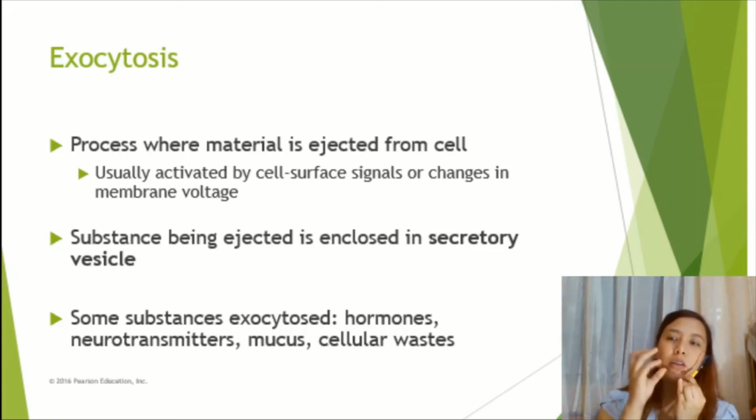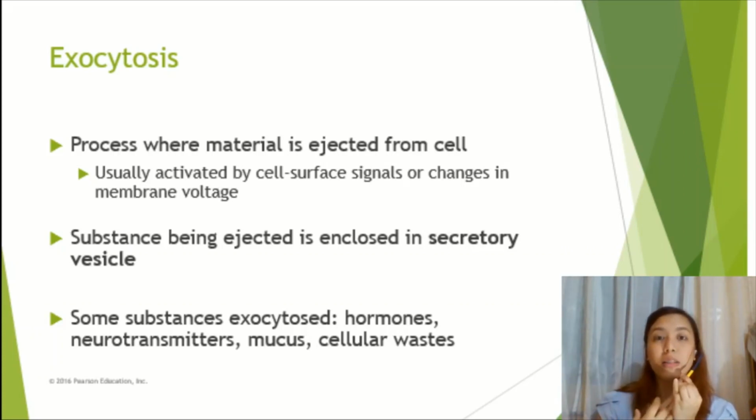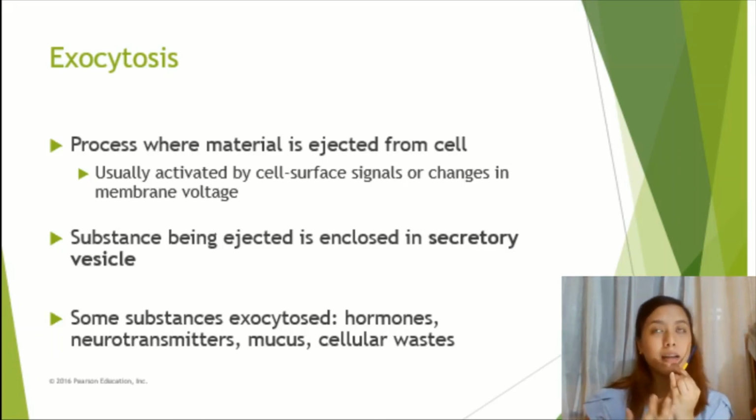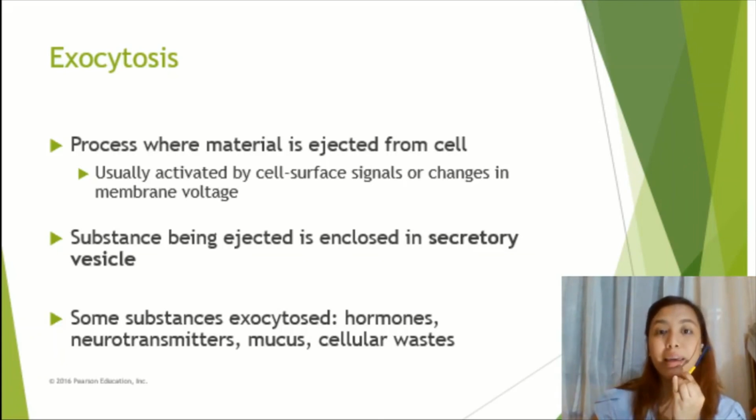So we are actually using the secretory vesicles in order for us to secrete those toxic substances. So usually if you sweat during exercise, that's good because all of your toxic substances inside the body would be carried out. Okay, so it's like cleansing. Okay, it's detoxification. So we are using exocytosis when it comes to excretion.